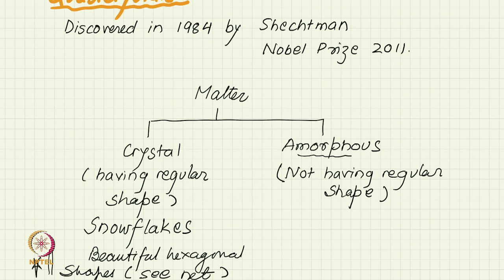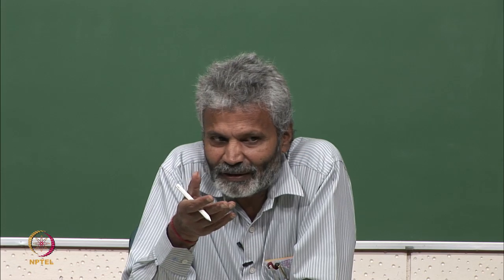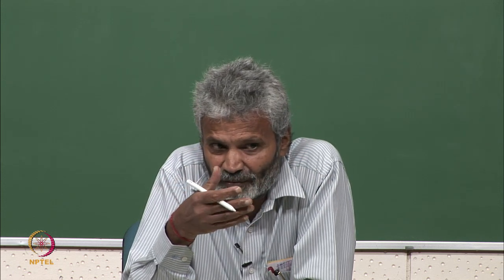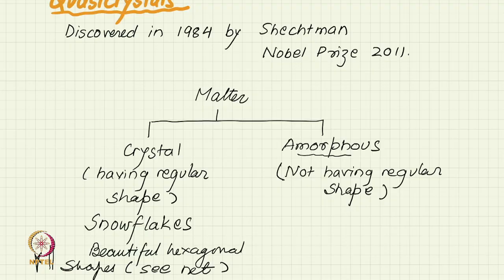So, obviously they were attractive, and anybody with logical thinking started to wonder how come they have that shape, what is the reason behind this nice external shape, and there were other things which did not have shape. So, amorphous and crystal.